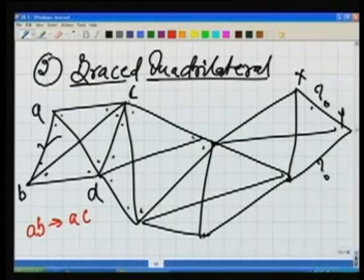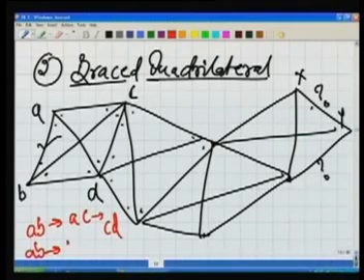Then from AC, I compute CD. Or starting from AB, I compute BD, using the triangle ABD here, and then from BD I compute DC. So we are computing the same length DC or CD through various routes.